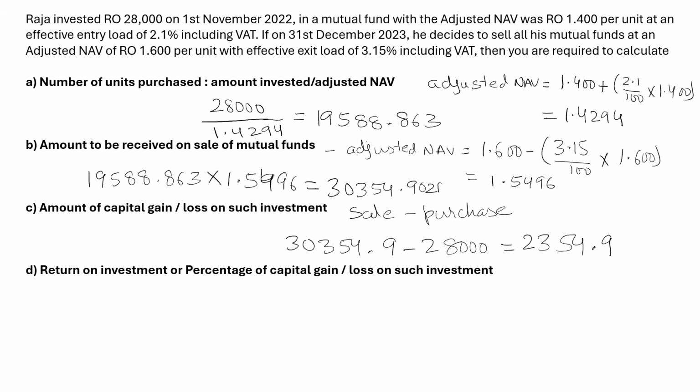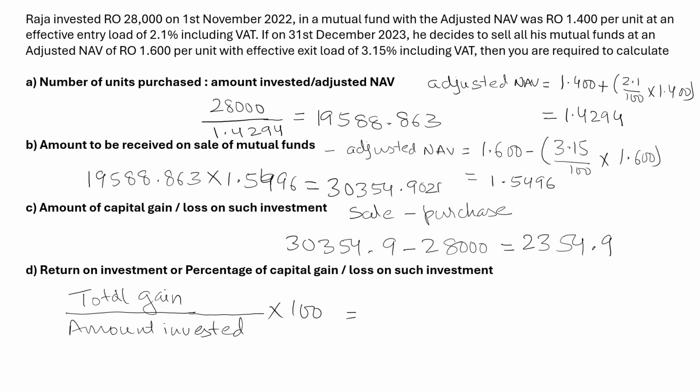Now return on investment, or percentage gain or loss on investment. How do we calculate? Very simple. Total gain, which means total profit, divided by amount invested, multiplied by 100. So what is the total gain?